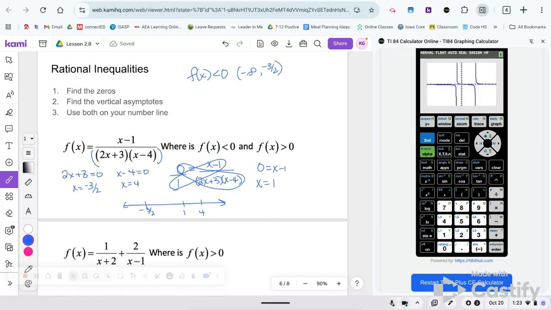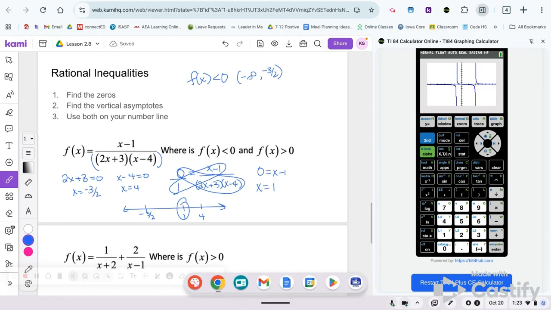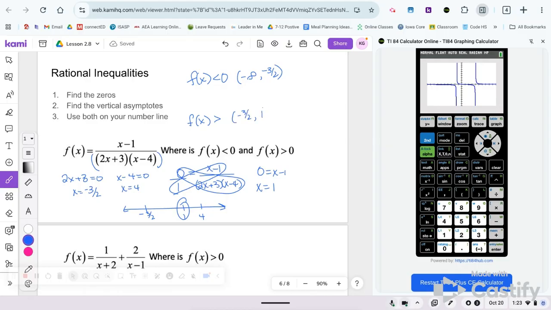Then it is greater than 0 from that vertical asymptote until the 0 of 1. And then between there, it drops back down to be less than 0. So from 1 until 4. And then starting again at 4, it looks to me to be positive. So from 4 to infinity.